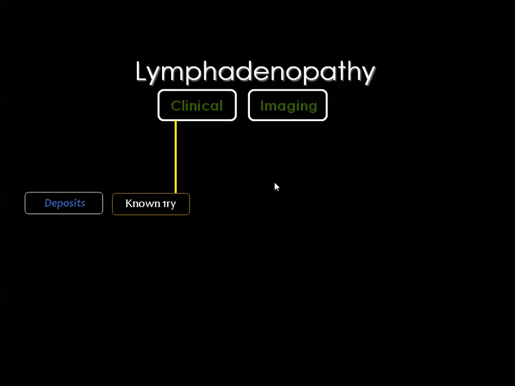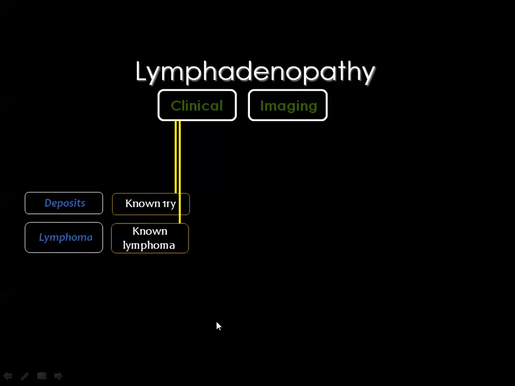Then you remember this algorithm with which you can approach the diagnosis of lymphadenopathy anywhere in the body, considering the clinical and the imaging appearances. If you have in the clinical picture a non-primary malignancy, then you may consider nodal deposits. If you know that this patient has lymphoma, then you consider lymphoma.